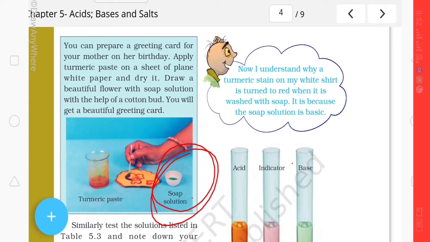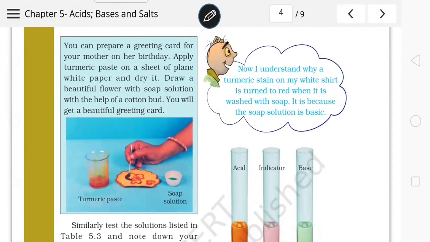That means the nature of this soap solution is basic. Turmeric is a natural indicator, so when it comes in contact with the soap water, it turns red. So this is the proof of how turmeric is a natural indicator.